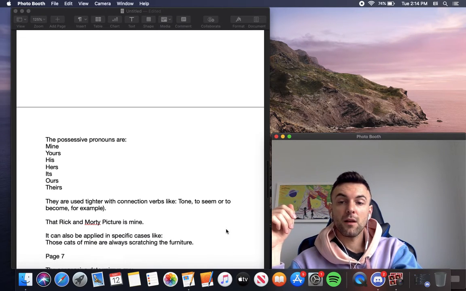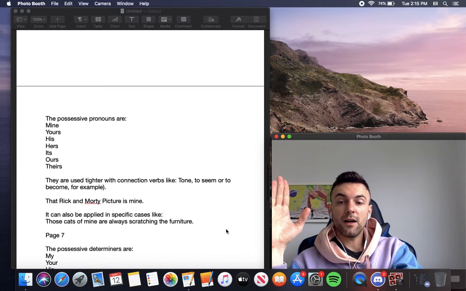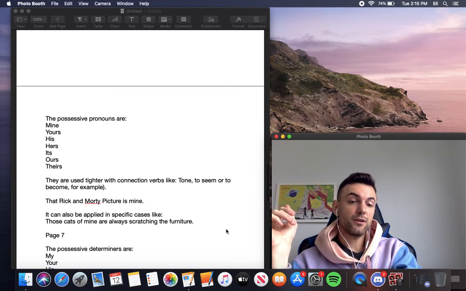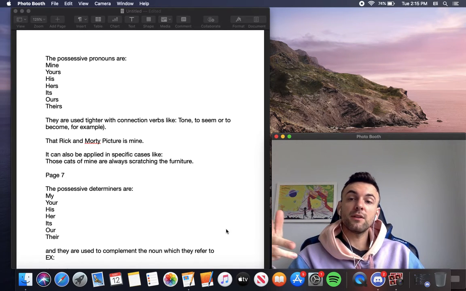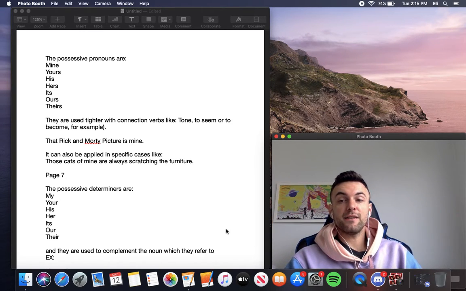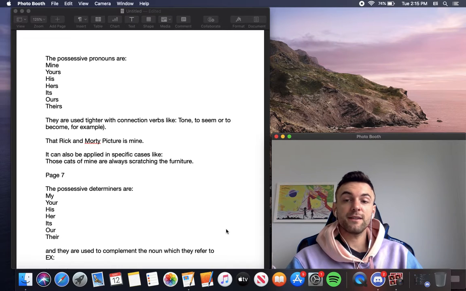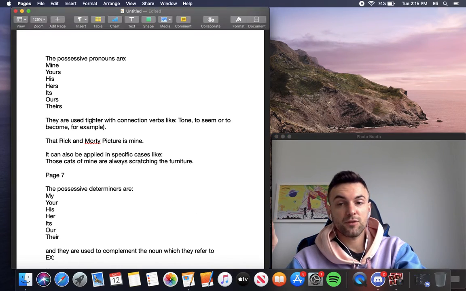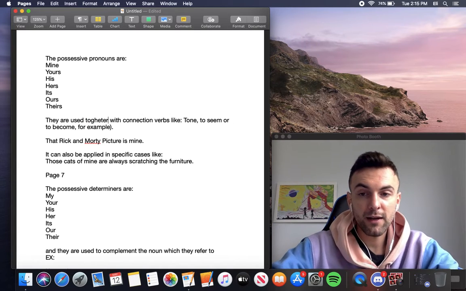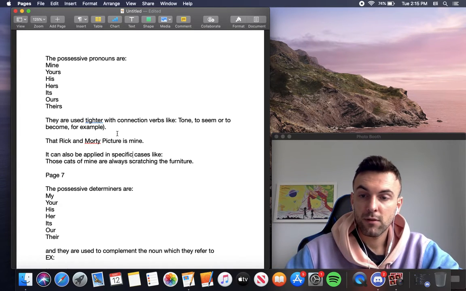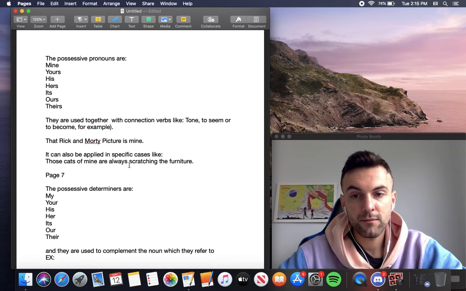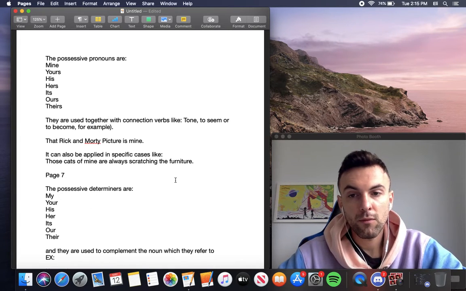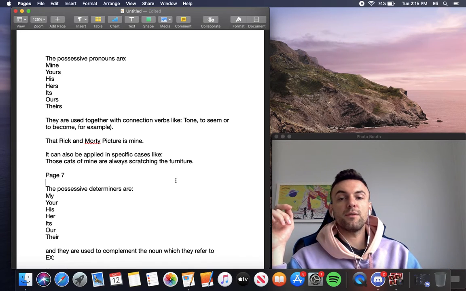Guys, let's take a look here, finishing page 6 and going to page 7 with the possessive pronouns: mine, yours, his, hers, its, ours, and theirs. They are used together with connection verbs.